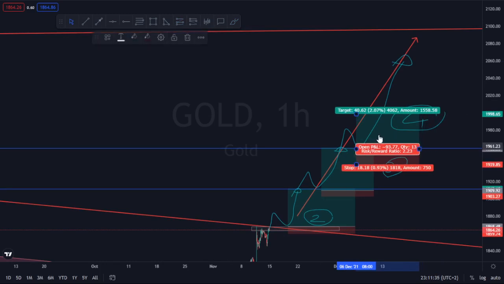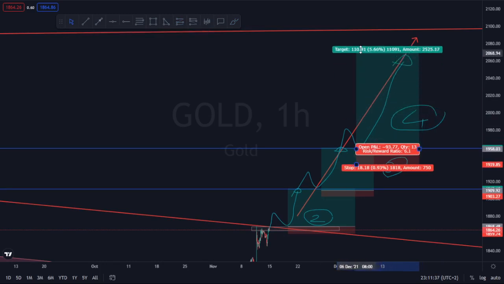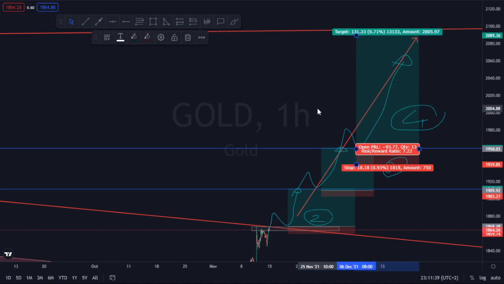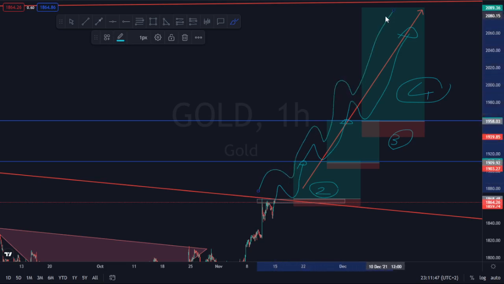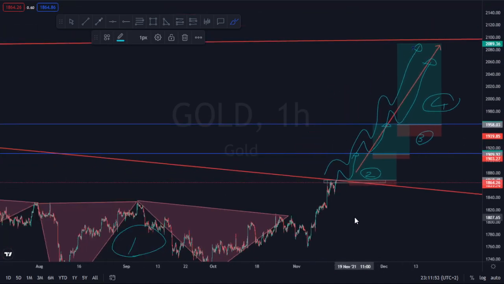It's like a ladder actually. You're climbing up, climbing up, climbing up, and then cha. So yeah, guys, if it breaks out, I'll just continue looking for buys, and I hope it respects and moves accordingly.